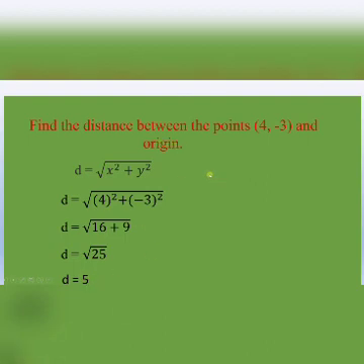Let's go to another example, where two coordinates are given.